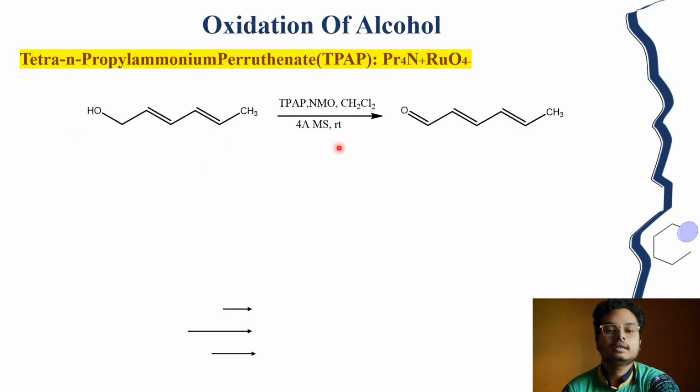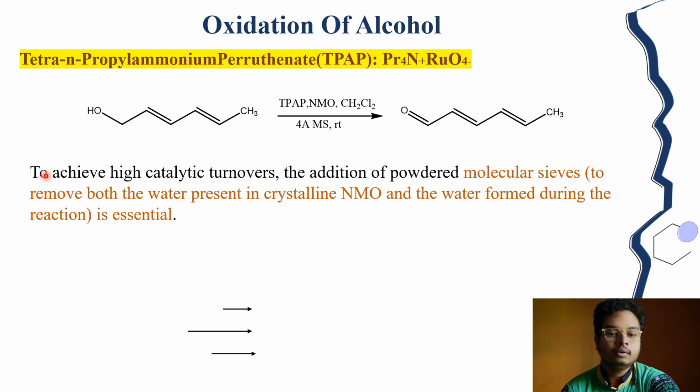Now there is a reaction here where this is the primary alcohol. In the presence of TPAP, NMO and DCM as the solvent, it will generate the corresponding aldehyde, and here molecular sieves are also used. To achieve a high catalytic turnover, since in the presence of NMO, TPAP is used in a catalytic amount, there is a catalytic turnover.